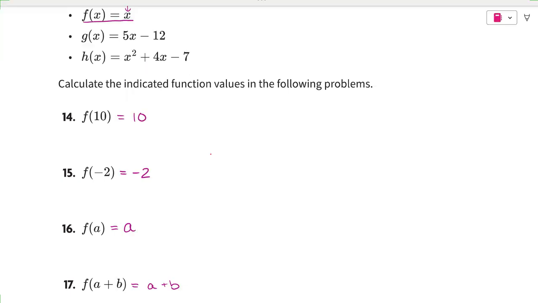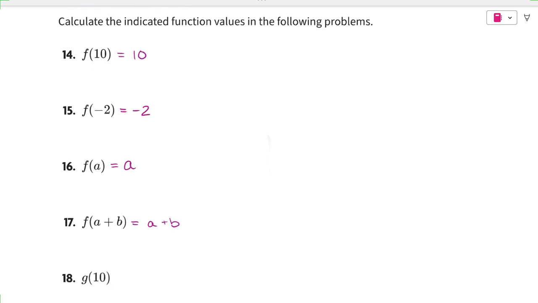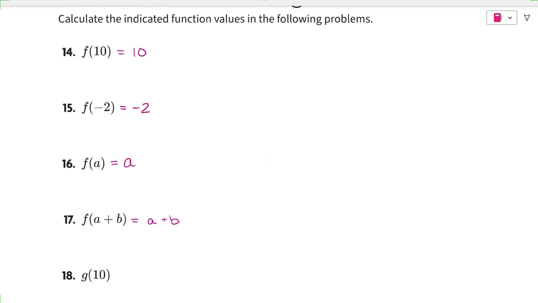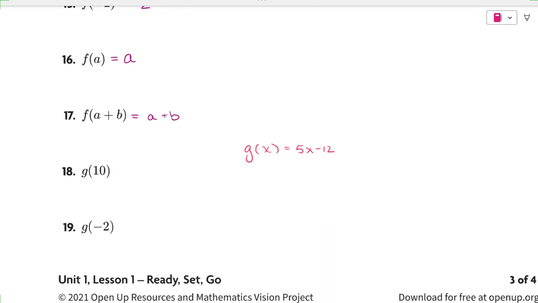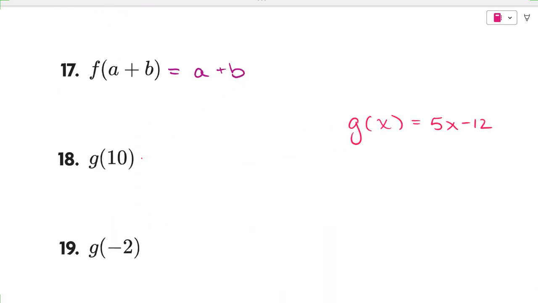Let's go to our g of x problem. So remember, g of x is 5x minus 12. I'm just going to rewrite that, g of x equals 5x minus 12, to keep that in the forefront of our thoughts. So here, g of 10, so when I input 10, I want to do 5 times 10.